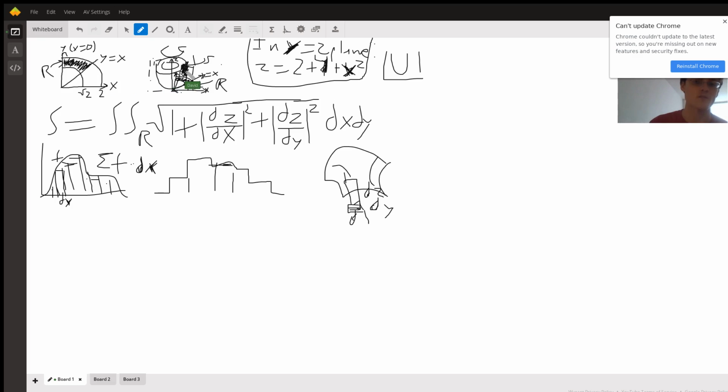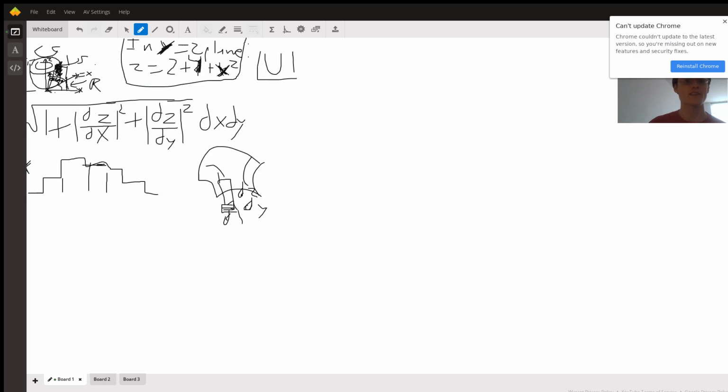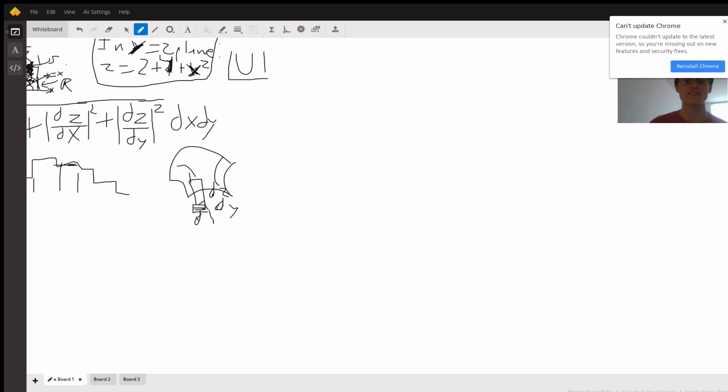It's just whatever portion of this paraboloid is directly above it. It's sort of shaped like a saddle-y thing if you think about it. The part of a paraboloid above this annulus sector cutoff thing in the plane is going to look like a saddle thing, whatever. That's what we want to find the area of, okay?